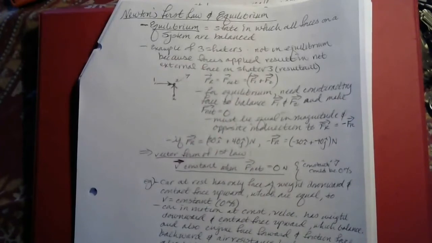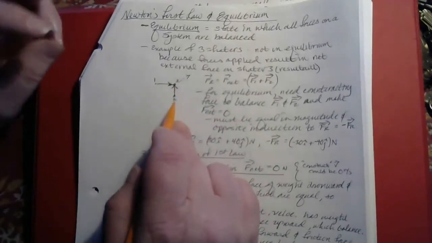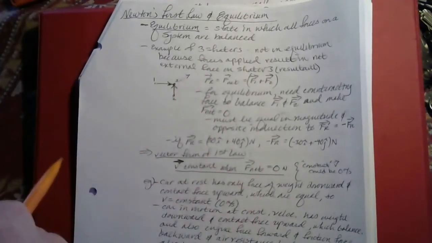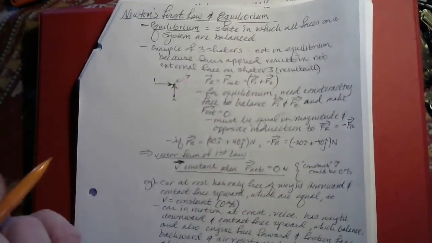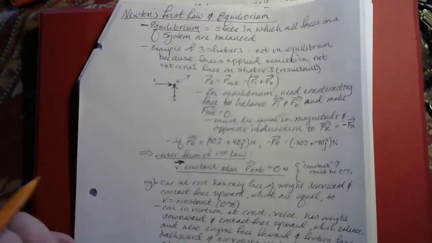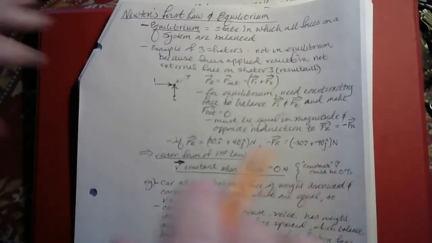Skater 3 starts out standing still and ends up going a certain speed in a different direction, and that would be an acceleration. The fact that these forces on skater 3 cause an acceleration tells you right there that those forces are not balanced. If the forces were balanced, there would be no acceleration in skater 3.